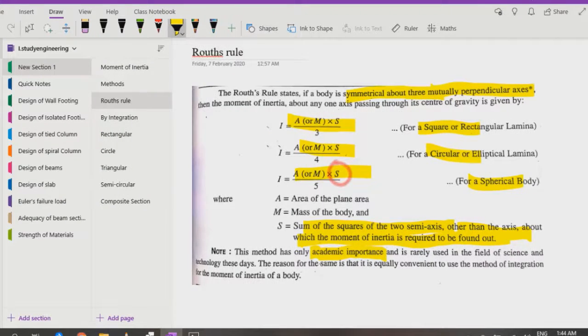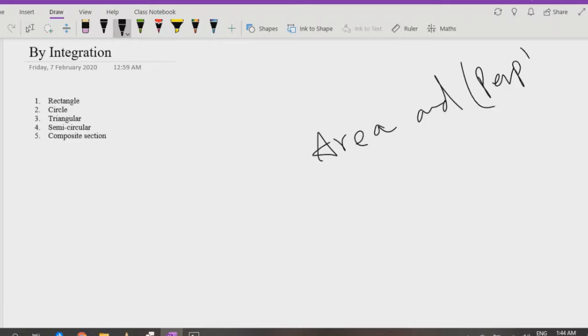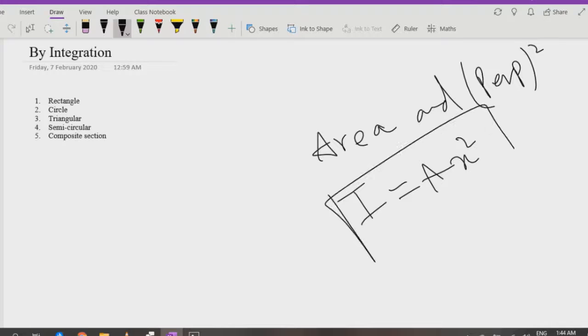So coming to our integration method, what does the integration method actually tell us? To find the moment of inertia, we just need two things: area and perpendicular distance squared. Simply, moment of inertia is equal to A x square.